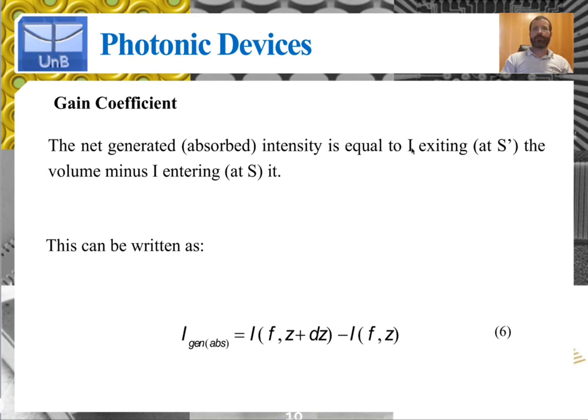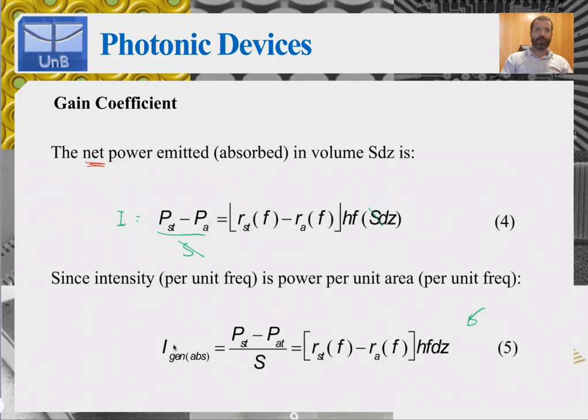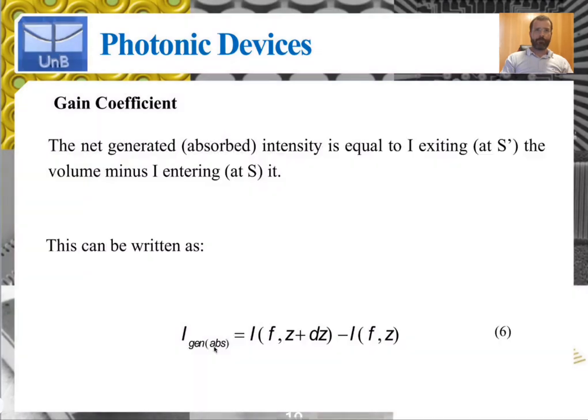The net generated intensity is equal to I exiting the material at the right side of the differential length volume minus I entering at the input. So we can get a different expression for the same generated intensity: the generated intensity is the intensity coming out at z plus dz minus the intensity going in, which is I of z.